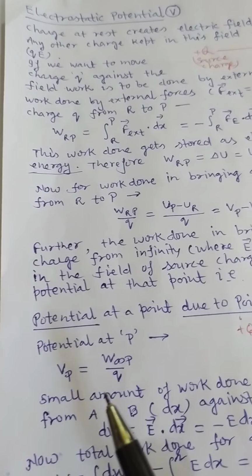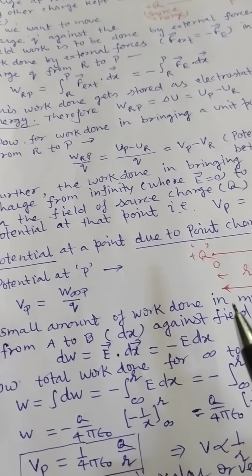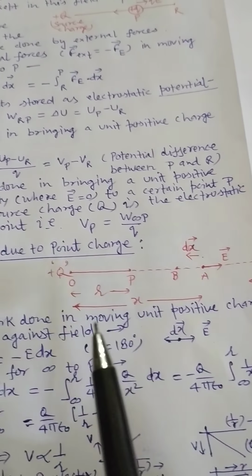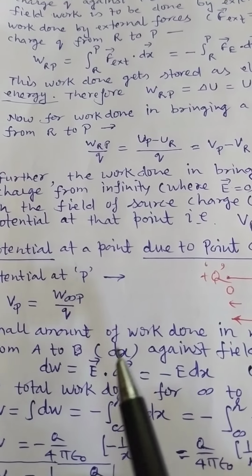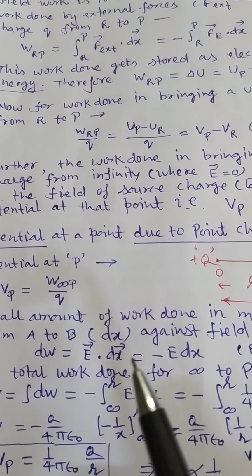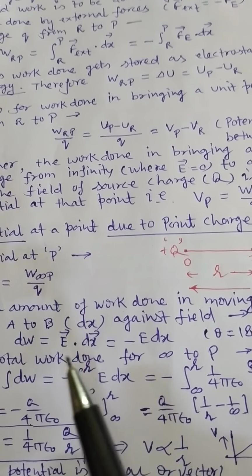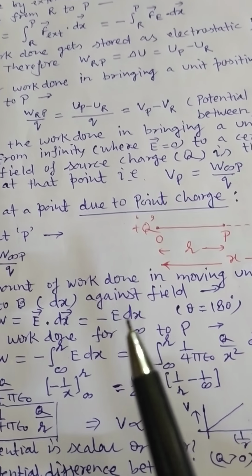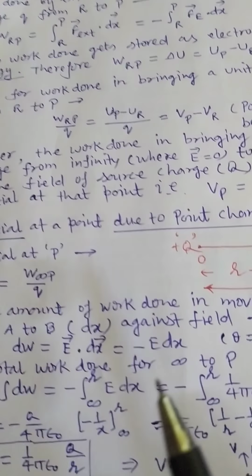First of all, the very small amount of work done in moving a unit positive charge from A to B, that is dx, against the field will be this. The angle between E and dx is 180 degrees, so we will have E dx. And for the work done from infinity to P, we will have to integrate this dW.